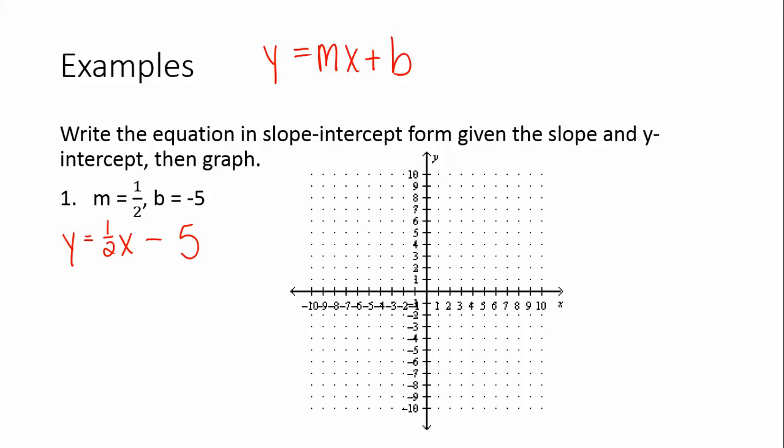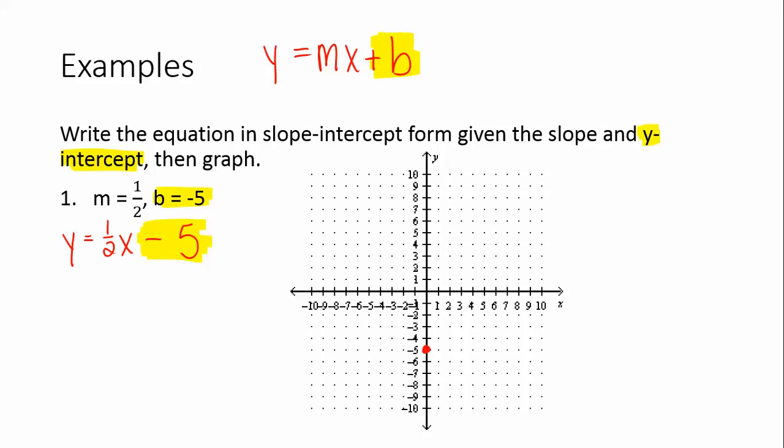Remember that the y-intercept, and let me use my highlighter here, is the same as the b, so it's this -5, or the subtracting 5 that's in the back of the equation. That's your y-intercept. That's where you want to start. So when you graph your equation, if it has a y-intercept of -5, remember that means it goes through the y-axis at -5. That's what y-intercept means.